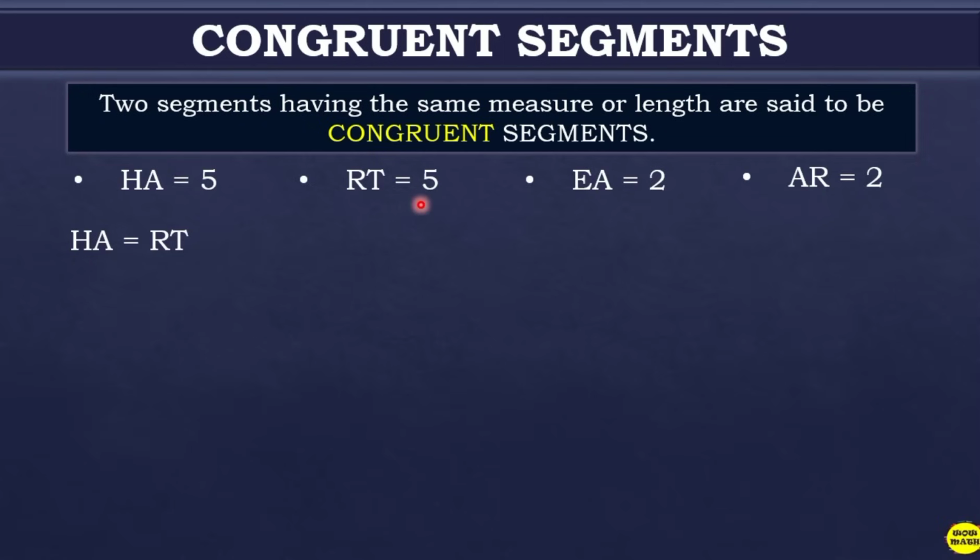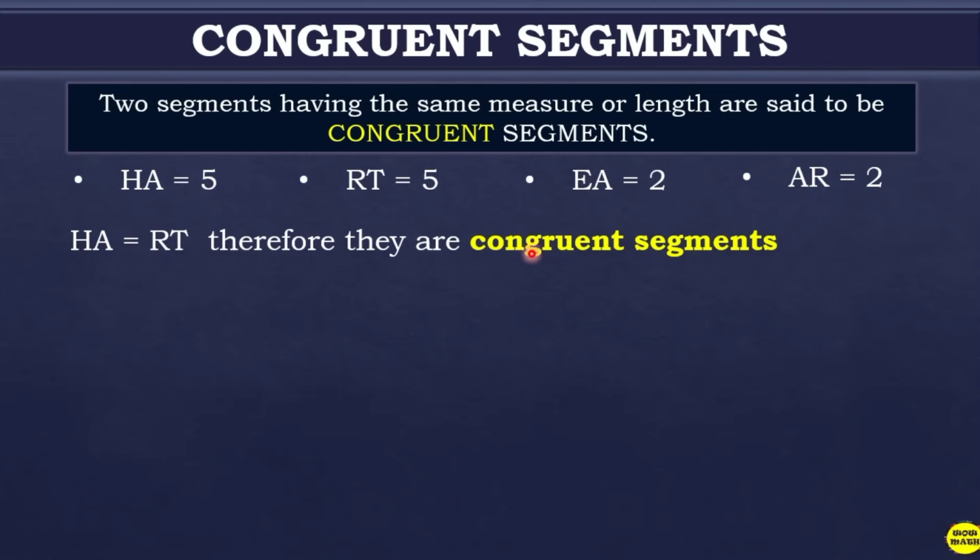Kasi pareho silang 5 ang measure. Okay? So, kapag equal po sila, we can say, sabi nga po, two segments are said to be congruent. Masasabi lang po natin congruent sila kapag same measure sila. So, since same measure ito and they are equal, therefore, they are congruent segments.